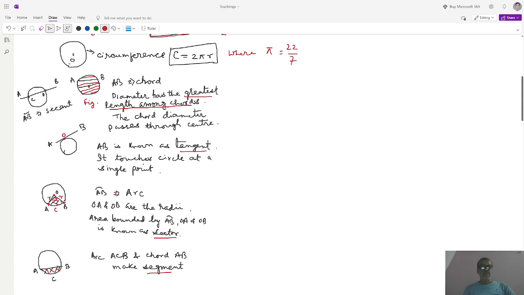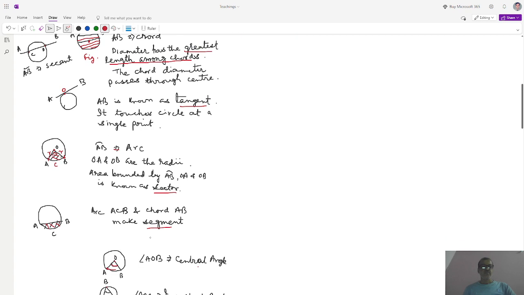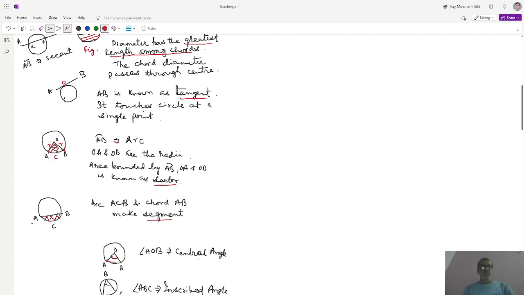It is the area bounded by the two radii and the arc AB, and is known as sector. ACBA is the segment of the circle. Segment of the circle.